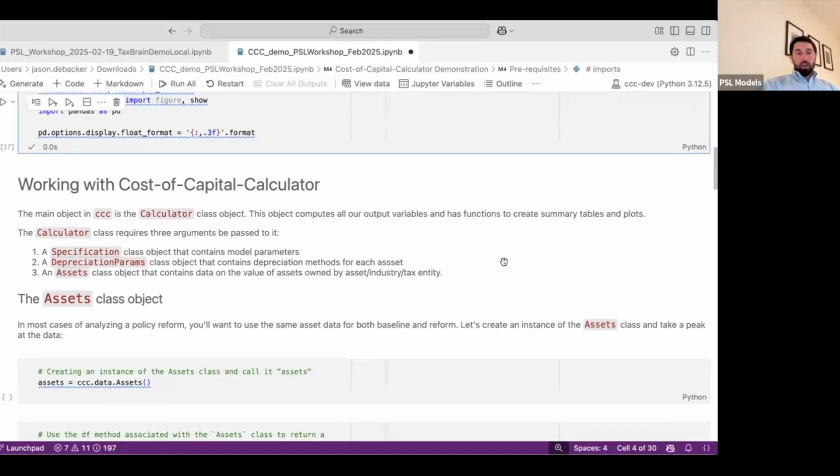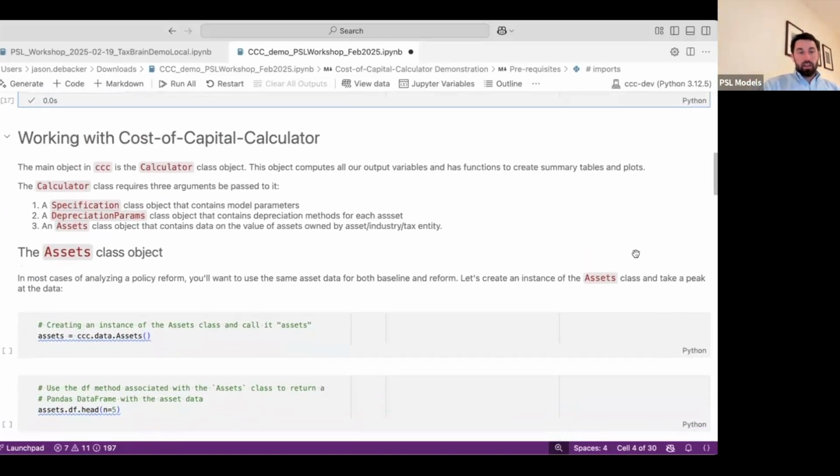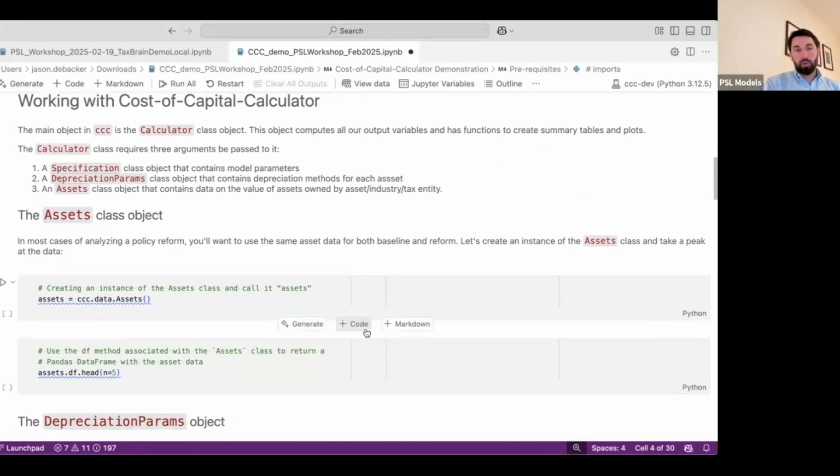Okay, cost of capital calculator itself, once we've imported those basic options, there's really three ingredients to doing a simulation with cost of capital calculator. Those three ingredients are all going to be mixed together in this calculator class object. And those three ingredients are a set of model parameters that are going to be passed through what's called the specifications object, and a set of depreciation parameters.